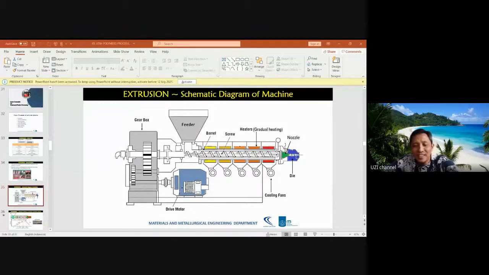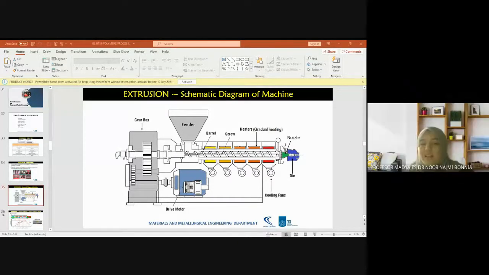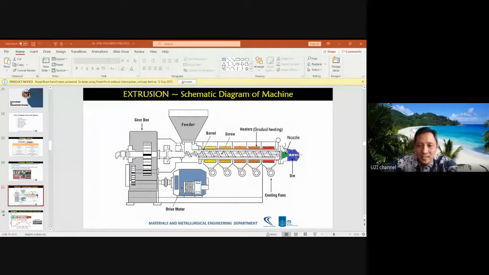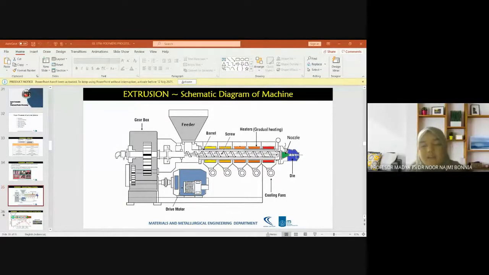The question is, what is your comment on 3D printing compared to conventional methods? This method is very attractive and currently leads to the innovation of new printing methods, which is 4D printing.